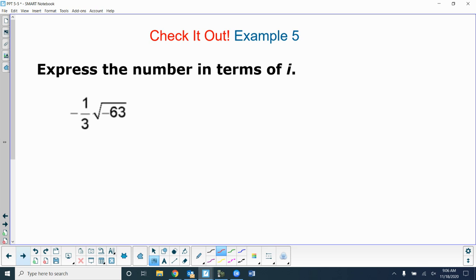All right, so what can I pull out of here? 7 was right. So what about the 9 becomes a 3? What's negative 1/3 times 3? Negative 1, isn't it? What else comes out? i. Radical 7. Making sense?